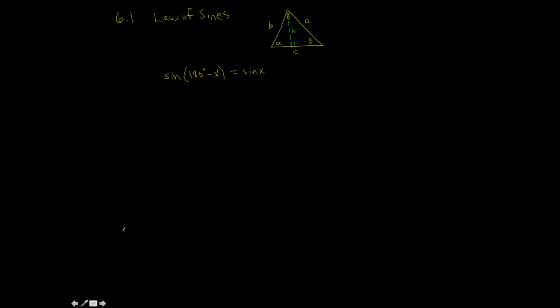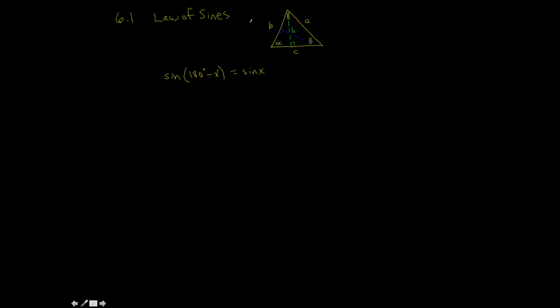And I'm going to drop one other altitude right here because I want to be able to solve for alpha and beta. This would allow me to solve for alpha, beta, and gamma by dropping the other altitude. Now we're going to focus right now just on this green one here.